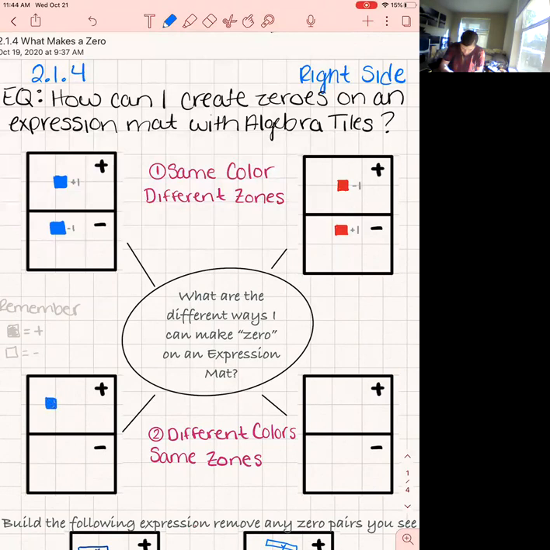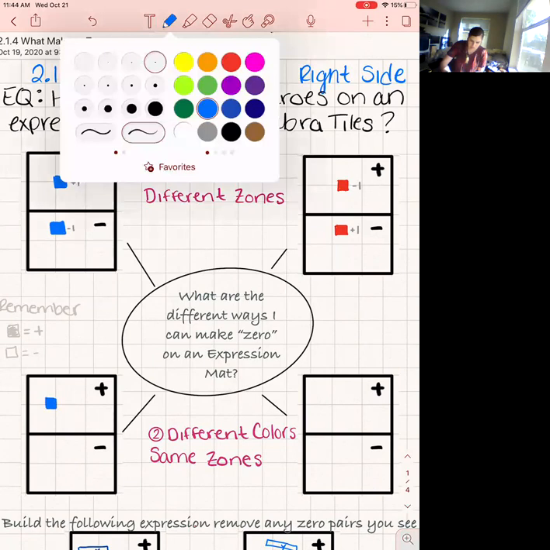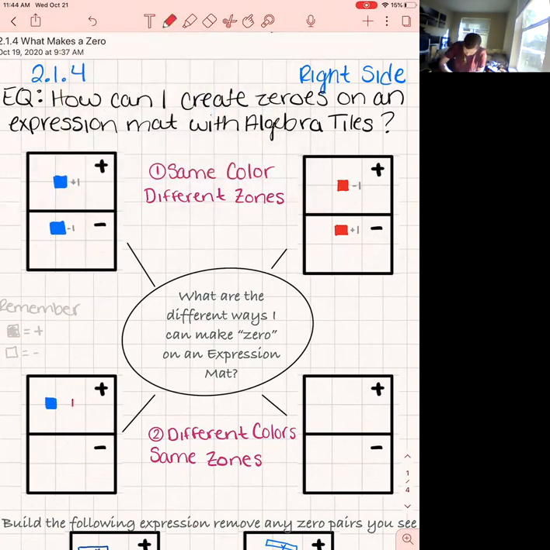That would be something like having a positive tile in the positive zone and having a negative tile in the positive zone. Together, those will cancel out, because that'll be a +1 and that'll be a -1. So I could cross those off.